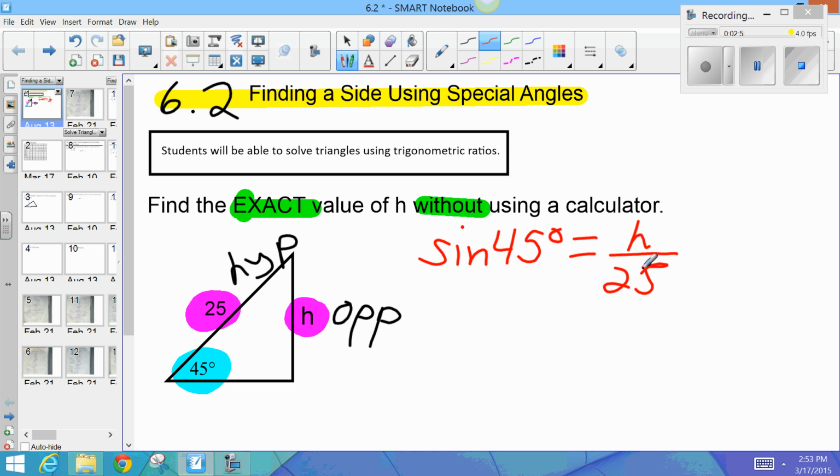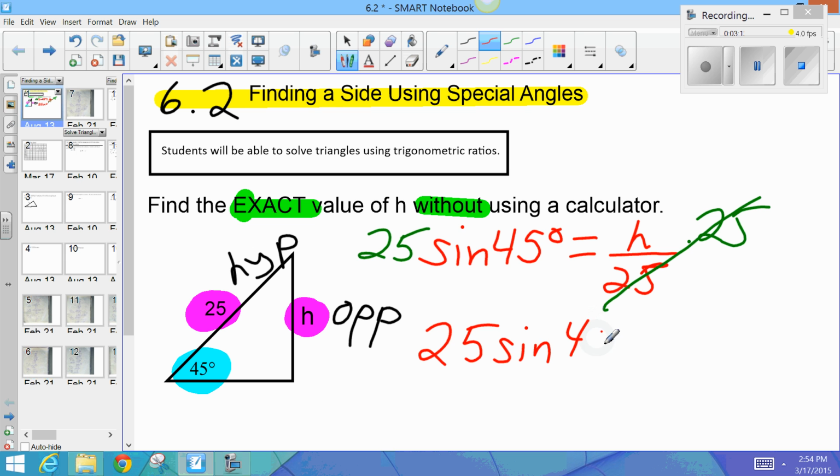That's the hypotenuse. Now I'm trying to solve for h, so I'm going to multiply both sides by 25. So this cancels, and I have 25 times the sine of 45 degrees equals h.